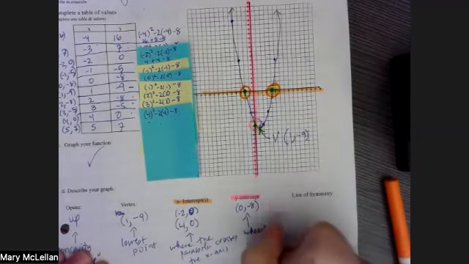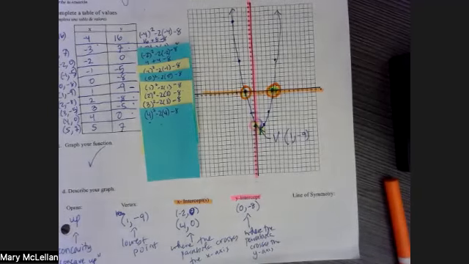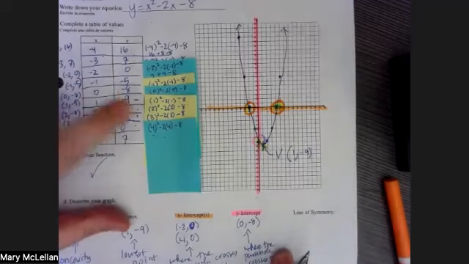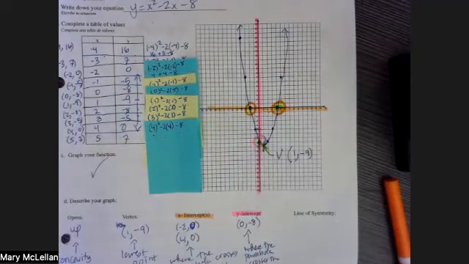Where the parabola crosses the y-axis and the line of symmetry. Remember we talked about symmetry? Symmetry allowed us to see that we had repeating y values across the vertex.